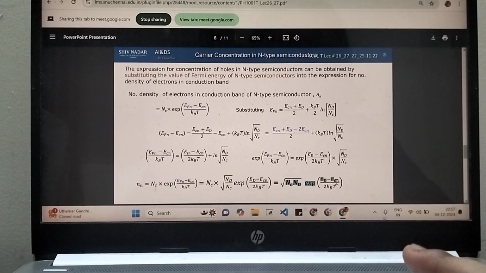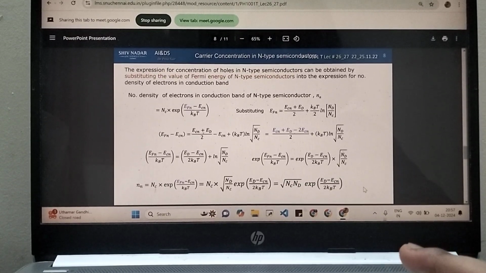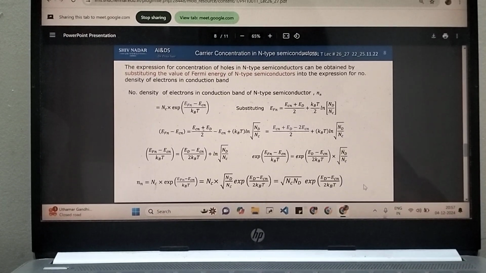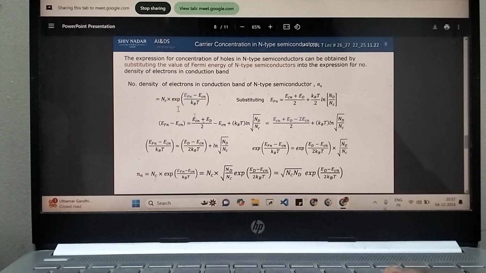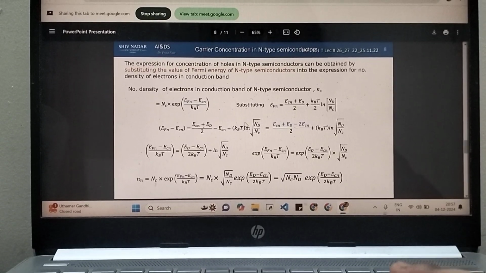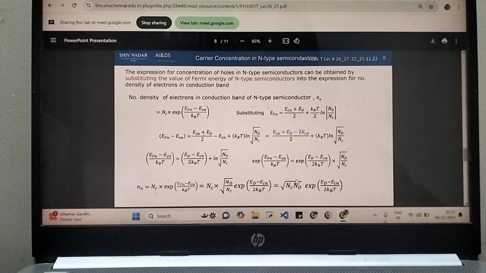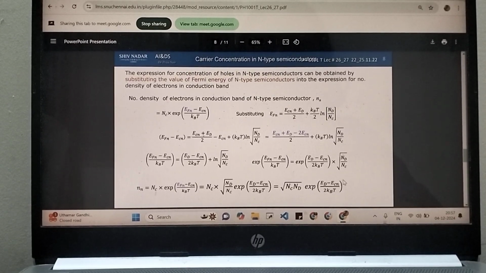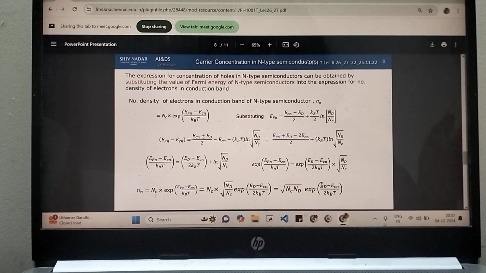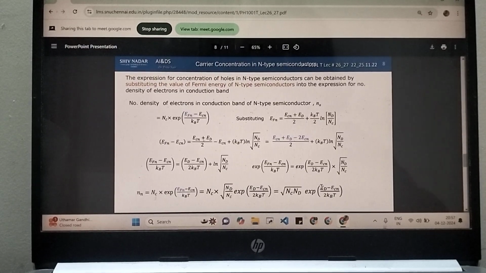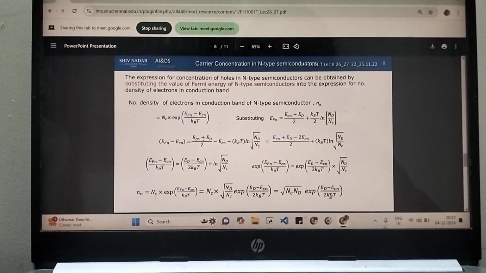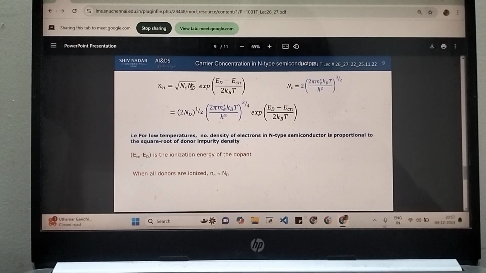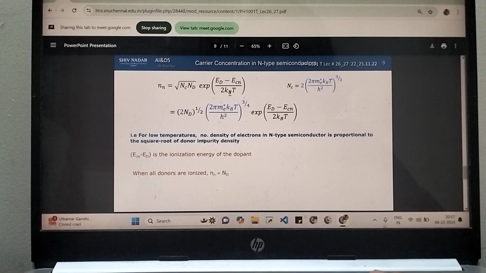This is the expression we have, root of Nc Nd e to the power (Ed minus Ec) by 2 kBT, where Nc is a constant we looked at in yesterday's derivation. Nd is the number of donor atoms totally, e to the power (Ed minus Ec), where Ed is the donor energy level, Ec is the conduction band energy level, k is the Boltzmann constant, and T is temperature. So Nn is root of Nc Nd e to the power (Ed minus Ec) by 2 kBT.